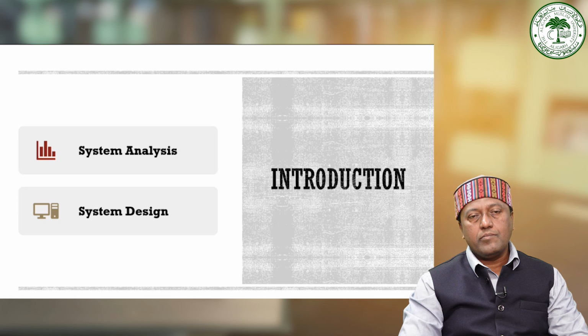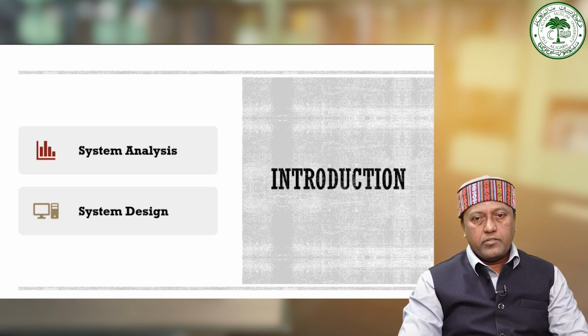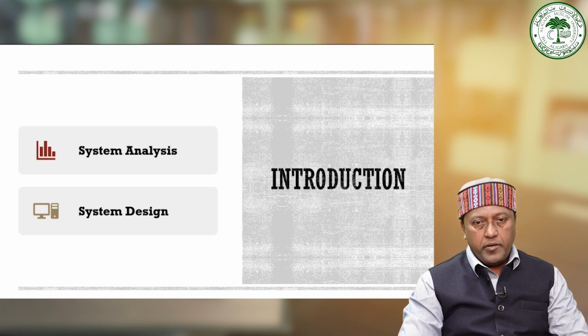And the second part is system design. In this phase, the requirements gathered during the analysis are used to create a blueprint for the new system. It includes designing the system architecture, specifying components, defining data structures, and creating user interfaces.